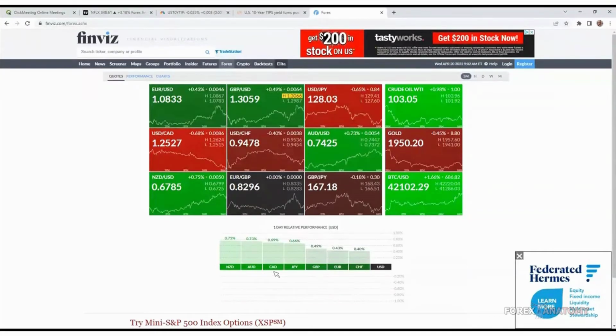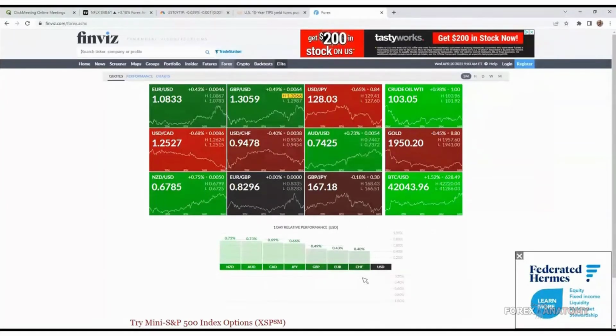The CAD, or the loonie, is tied to oil. So we're seeing our commodity-linked currencies gain to the upside as we're seeing this rotation back into commodities as the inflation narrative continues to play out. As inflation expectations continue to pick up, that's always going to underpin these commodity-linked currencies.